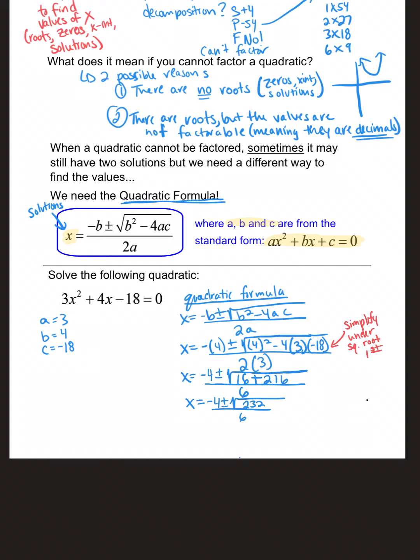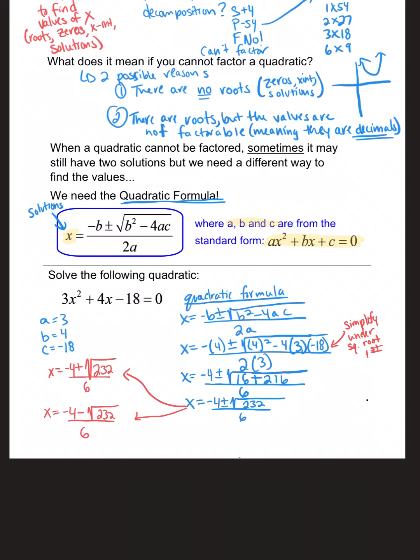So we're going to have x equals negative 4 plus the square root of 232 over 6. And we're going to have x equals negative 4 minus the square root of 232 over 6.